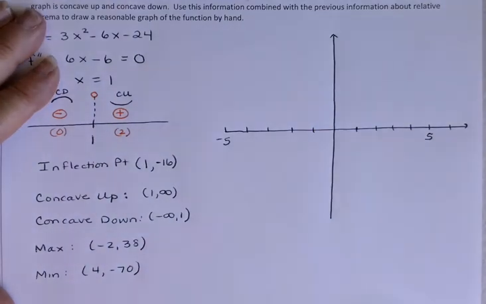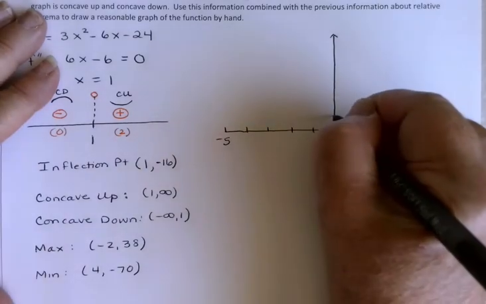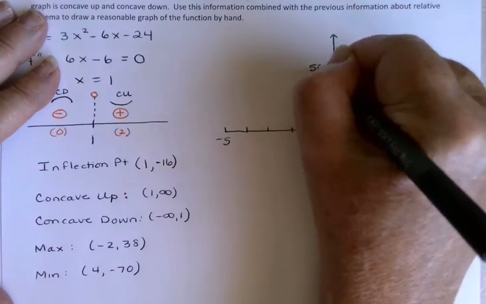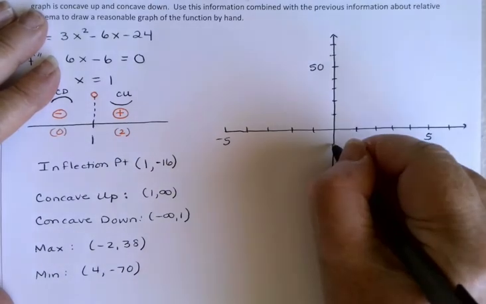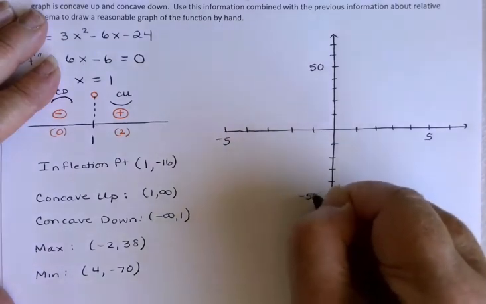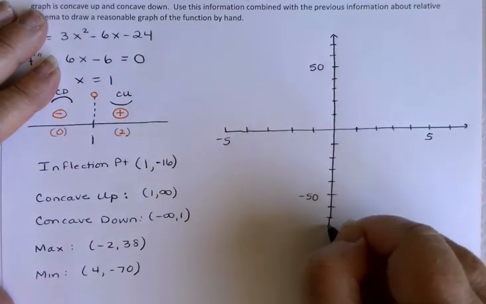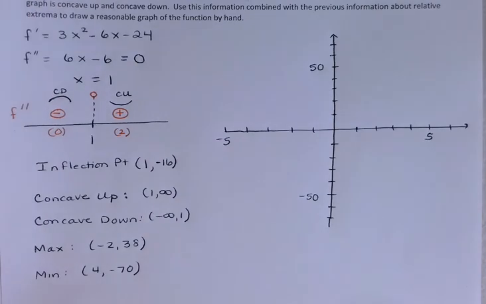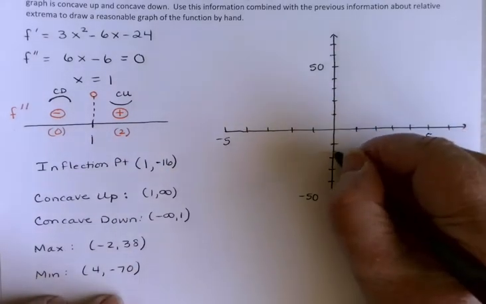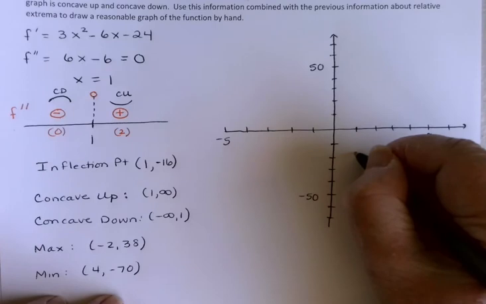Let's see here. I've got to have some pretty large y values on this, large and small, so I'm going to go by tens. 10, 20, 30, 40, 50. And same down here. All right, I'm going to plot the special points, starting with the inflection point. 1, negative 16 would be about there.